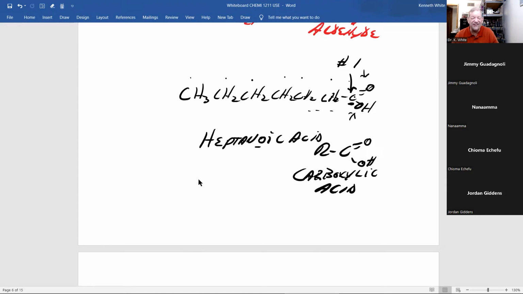Name it as an alkane. 7 is heptane. Drop the E, add OIC and the word acid. Heptanoic acid. Now, just like in an aldehyde, the carbonyl carbon is always number 1. And then if you had alkyl groups, you do it the same way you did with other alkyl groups.